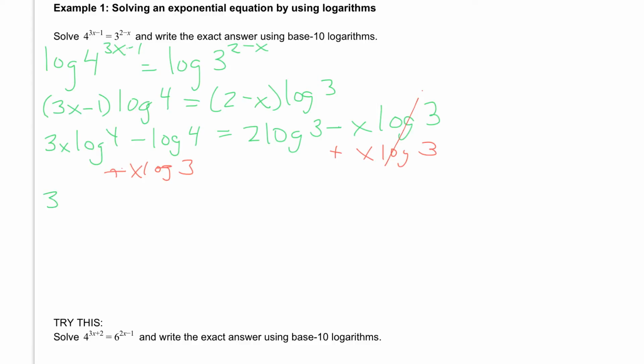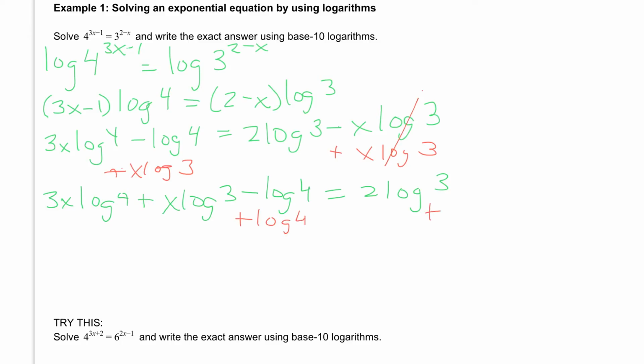We get 3x log of 4 plus x log of 3, and we still have this minus log of 4, equal to 2 log of 3 on the right. Then our next step, we'll add log of 4 to both sides. If you want to do them at the same time to save a little bit of space, go for it.